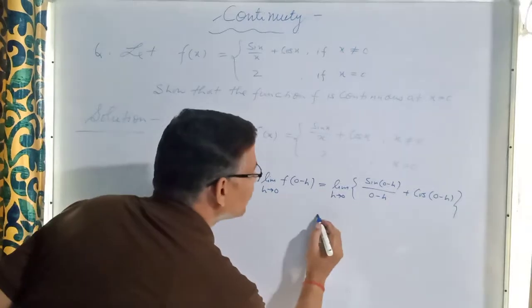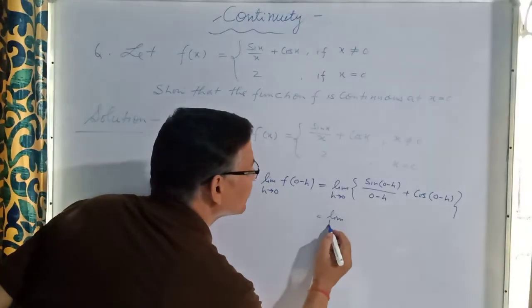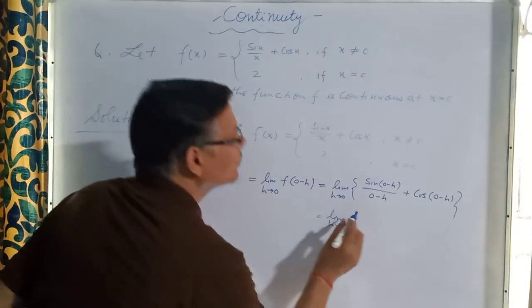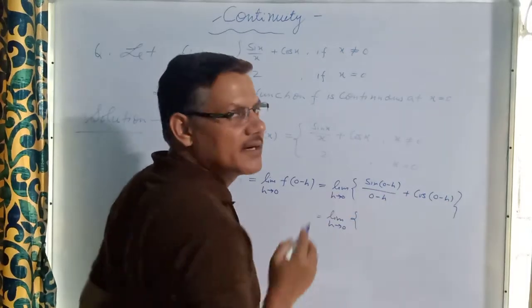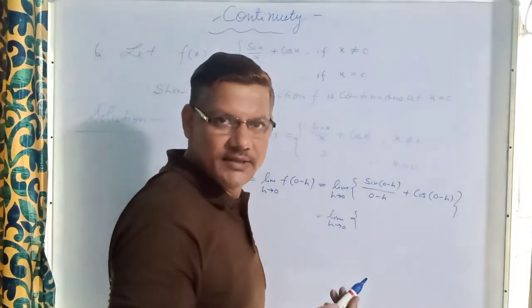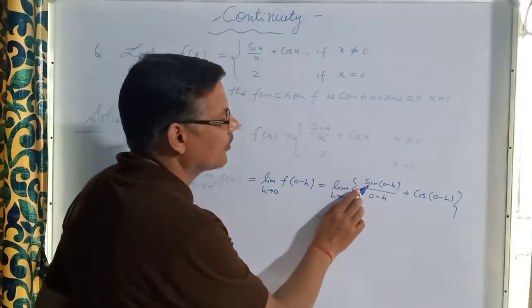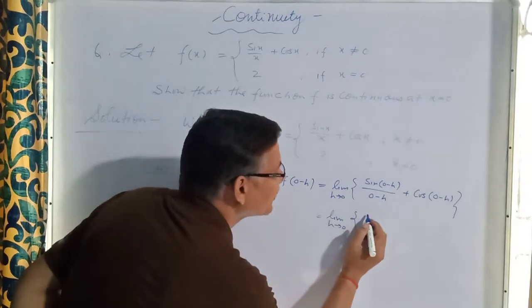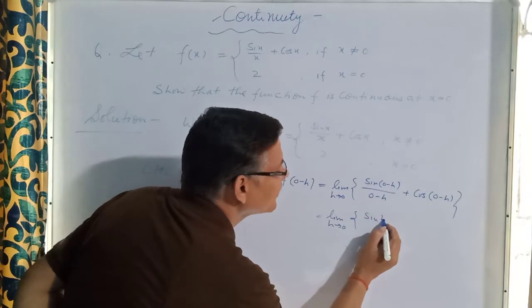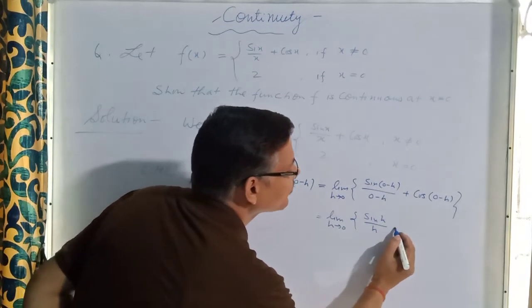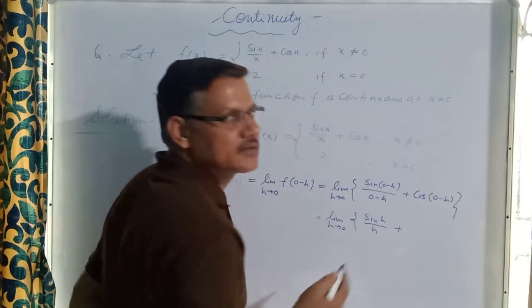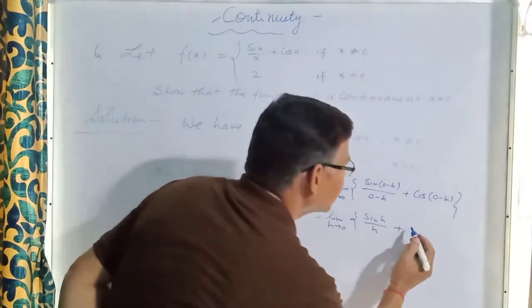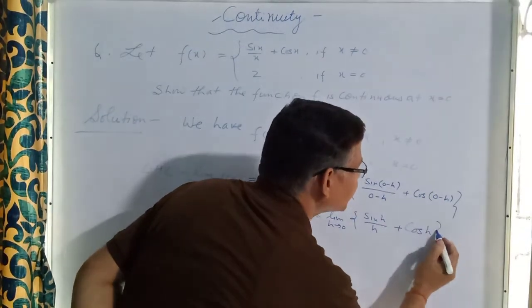Now when we simplify it, as we know, sin of minus theta equals minus sin theta. So from here we get minus sin h divided by minus h. The minus minus cancels out, and we get sin h by h, plus cosine of minus theta equals cosine theta, so we get cos h.